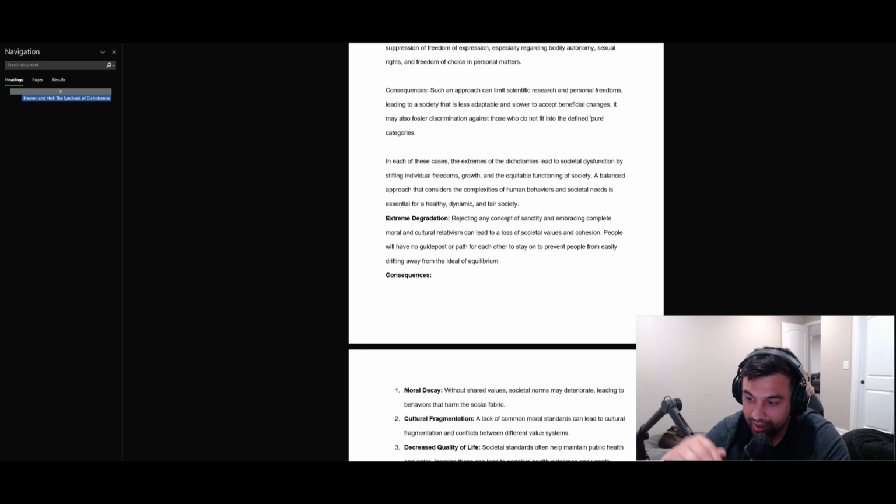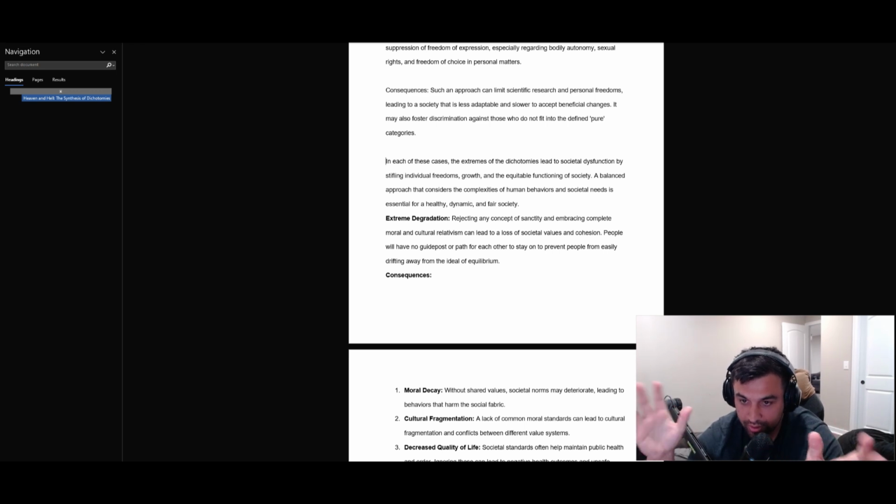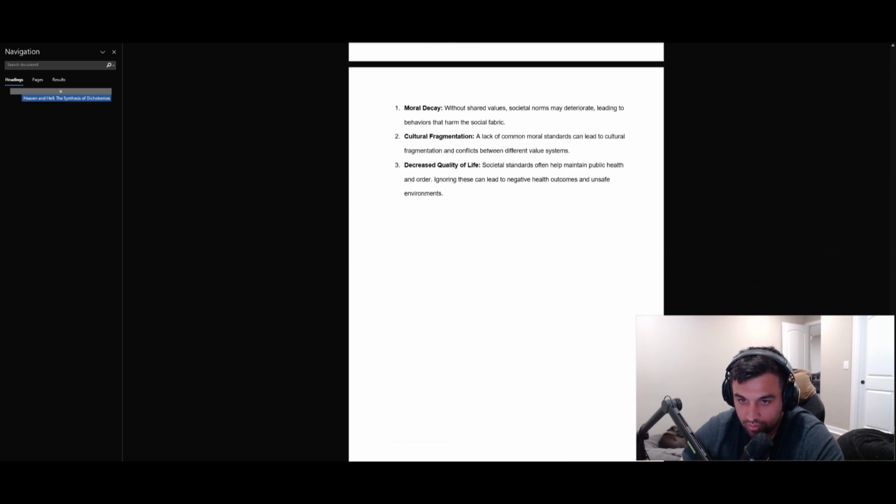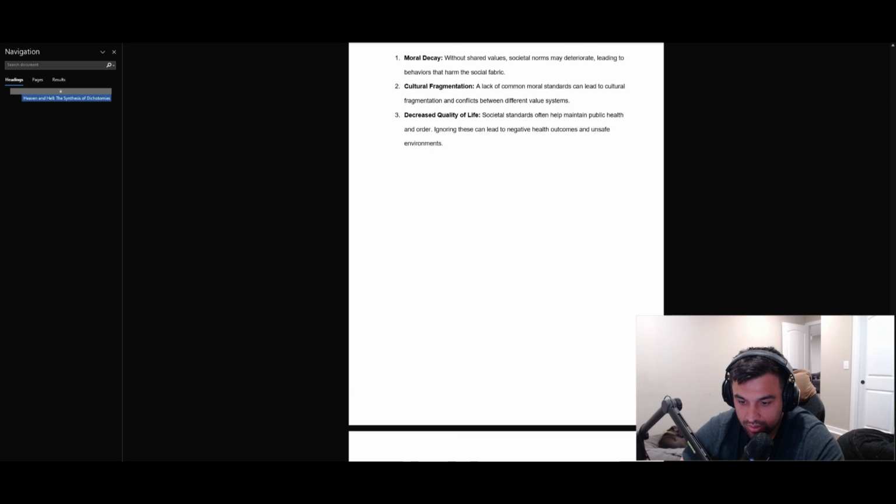It's like saying everybody should be striving to be as tall as possible, and then we all keep pushing that way. Eventually everyone's going to engage in this materialistic aspect where we're all trying to enhance our tallness, either through what we eat, our surgeries, all these other aspects of humanity that could be at the detriment of every other thing that we have, because we're holding this value as the only thing that's important. And it leads to moral decay, cultural fragmentation, and decreased quality of life.